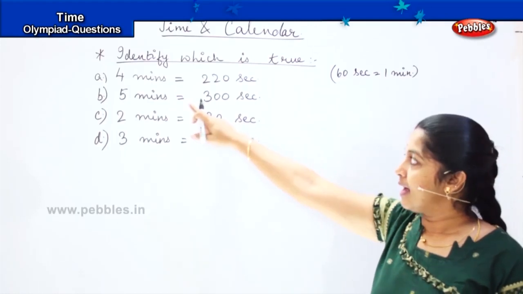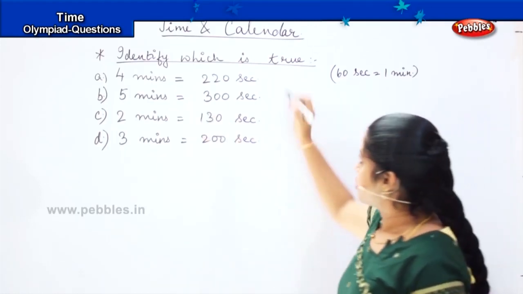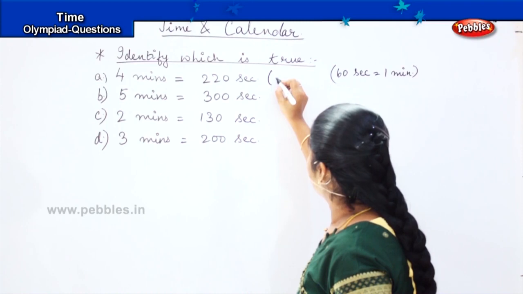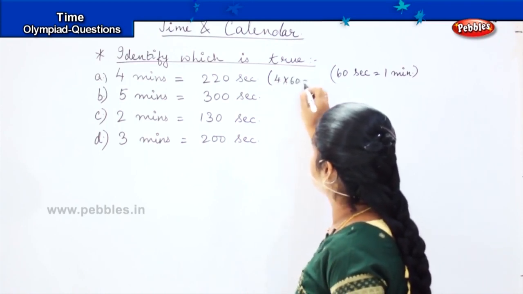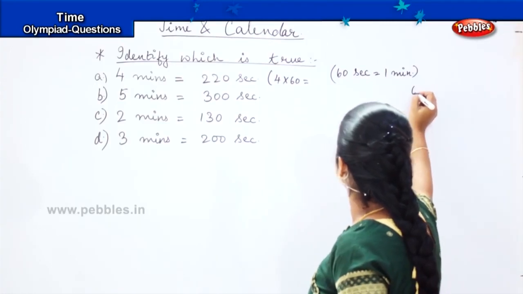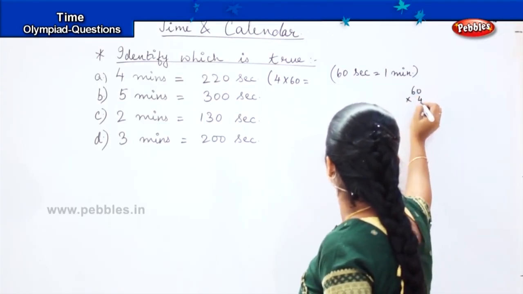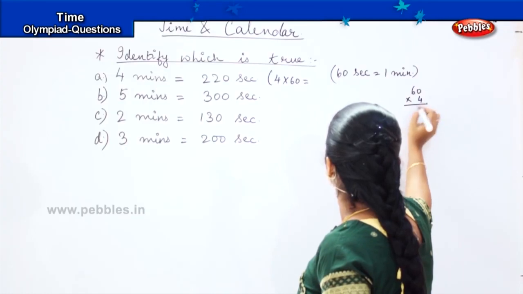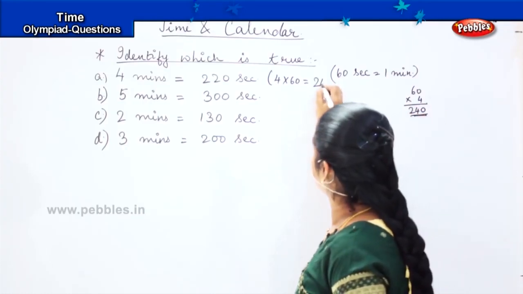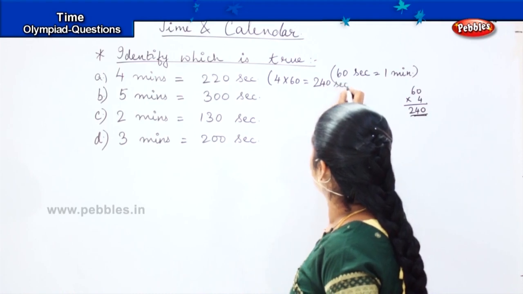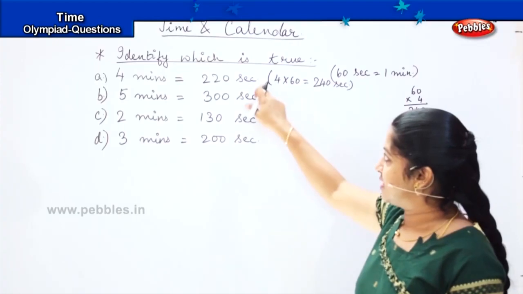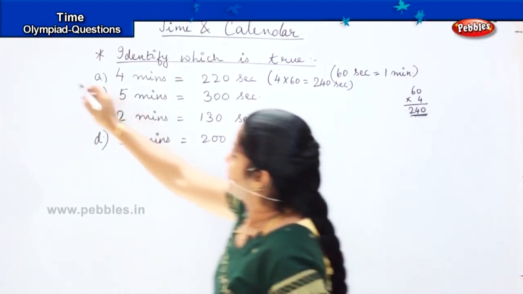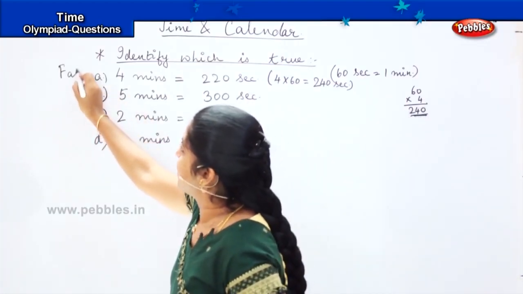Here they are asking us 4 minutes, so you have to multiply 4 into 60. Can we just calculate? 60 into 4. 6 4s are 24, so it should be 240 seconds, whereas they have given 220. So is it a true statement? No, this is a false statement.